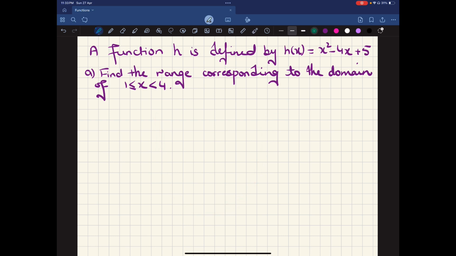Now, what do we need? We need a turning point and we need the intercepts to sketch the graph. To find the turning point, express this quadratic function in completed square form.